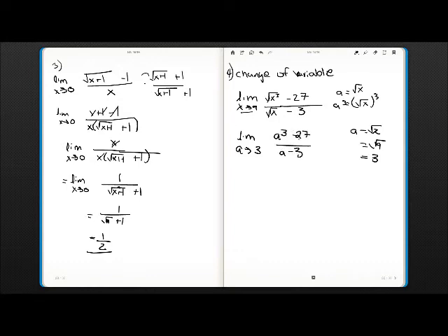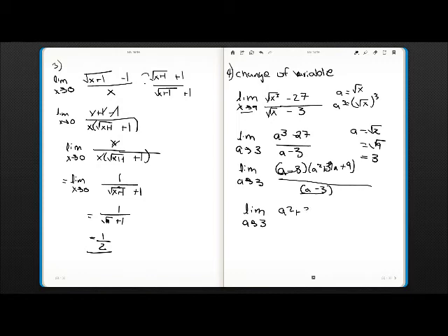Now as you know, this will factor, and if we factor this, we get a minus 3 times a squared plus 3a plus 9 over a minus 3, and this factors out, and now you can use the first strategy and directly substitute 3 for a.